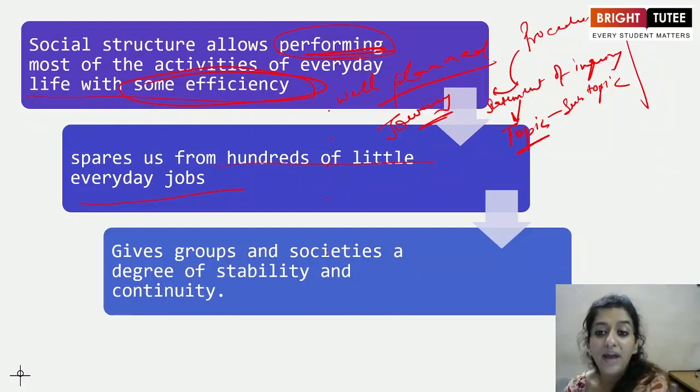You have people with their defined roles, duties and responsibilities, and hence it helps us spare a lot of time and spares us from a lot of little everyday jobs that otherwise we would be doing for ourselves.